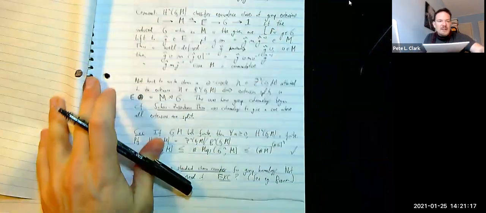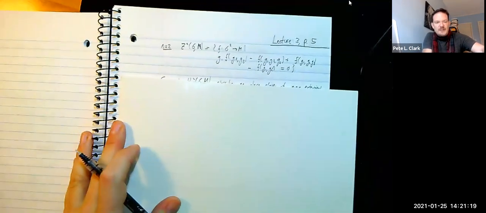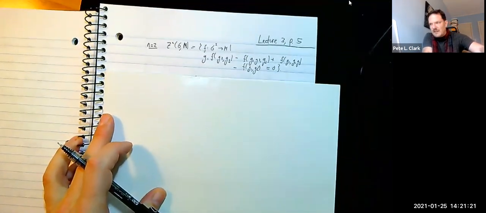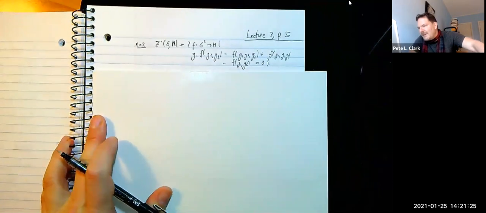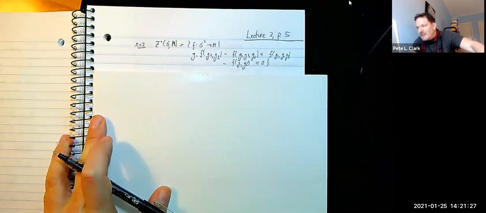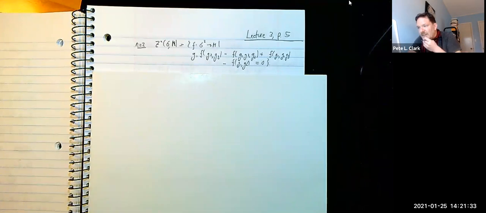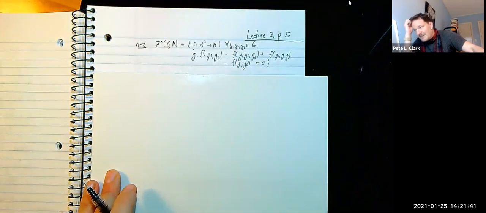And then again, I'll write down the case n equals 2, which is the only other case that you see so explicitly. So what are the 2 cocycles? I'm just writing down the conditions so that you can look at it. So these are the functions from G squared to M, such that for all g1, g2, g3 in G, we get this condition.